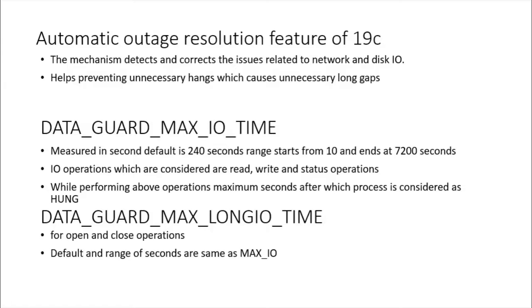These two parameters were introduced in order to automate the outage resolution, because when we set these two parameters, we can control after how many seconds the process which is doing read, write, open, close or status operations is considered hung, because network and disk I/O issues may cause unnecessary delays.